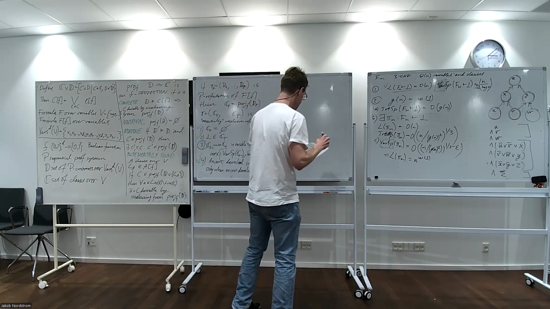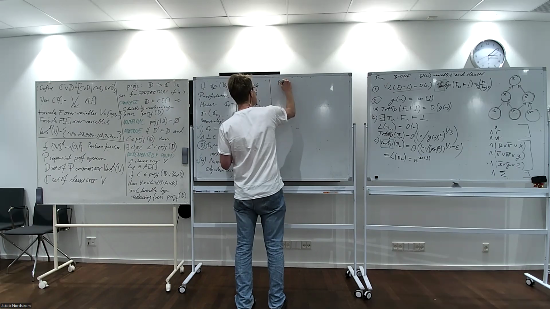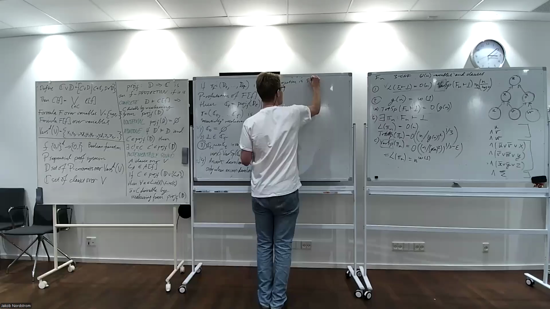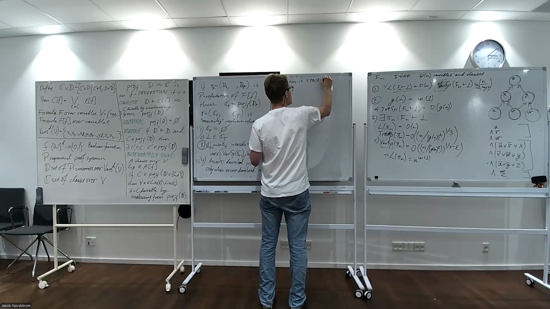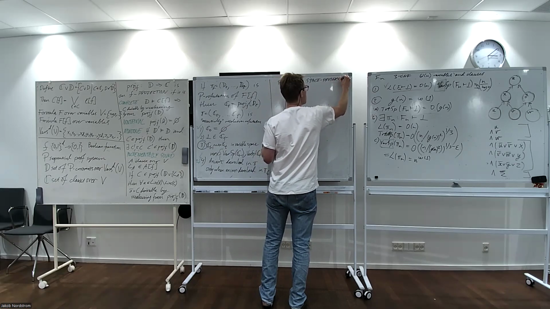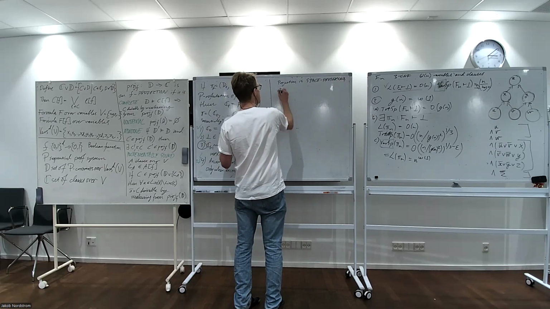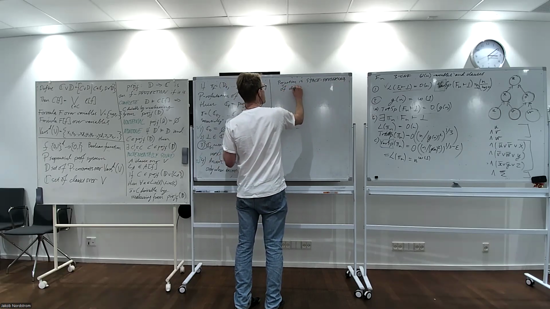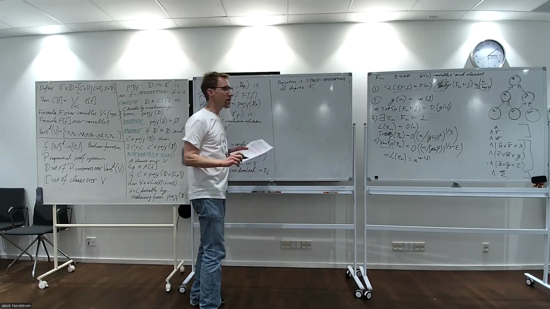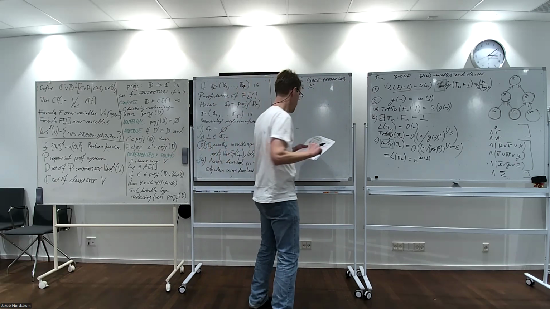So let's say that a projection is space preserving of degree k if the following holds. K is, think of it as a small positive integer. The smaller the better. 1 would be amazing.